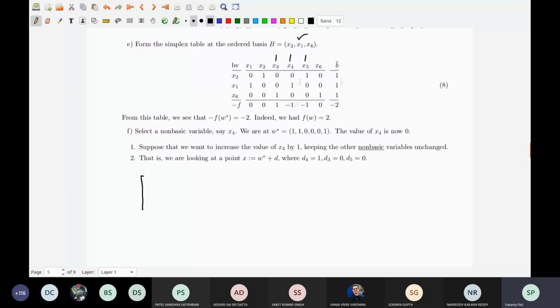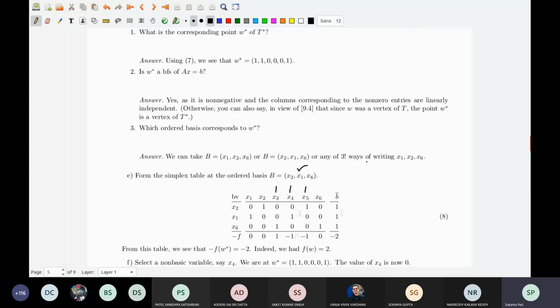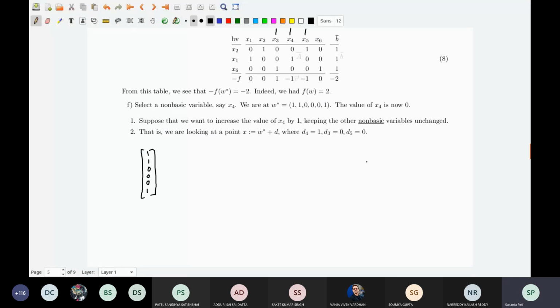What is that W star? W star was 1 1 0 0 0 1. This is the point W star. Now I am targeting x4.